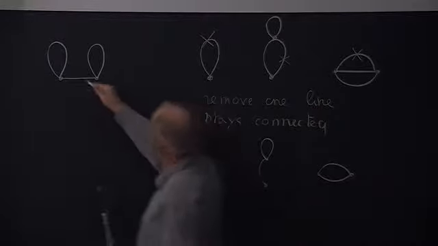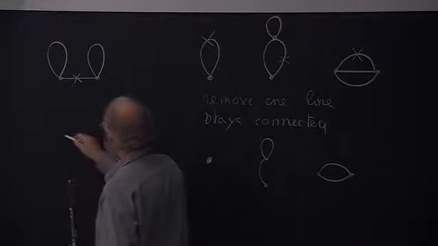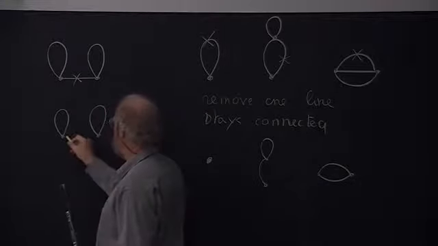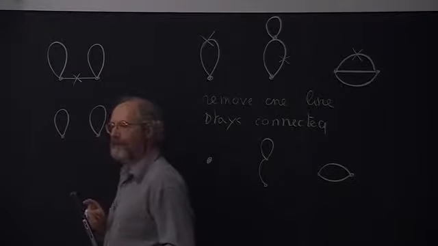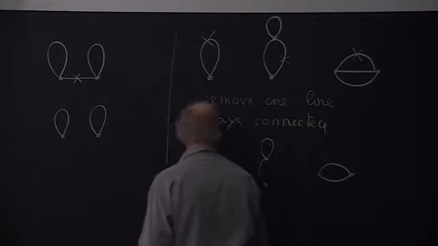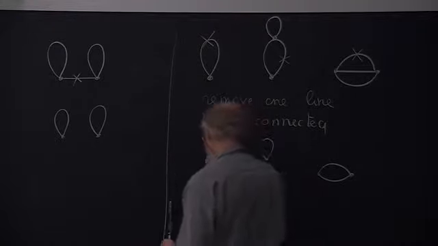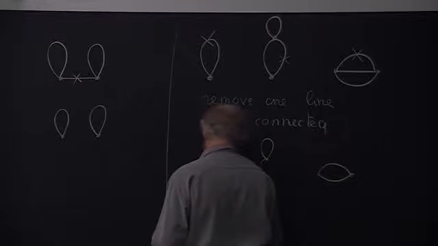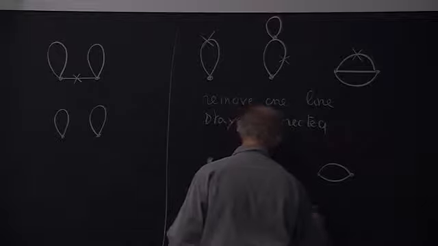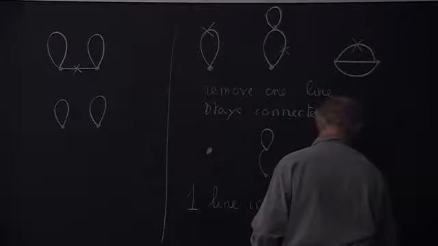While here, if you remove this line, you get this diagram which is disconnected. You cannot join this vertex to this vertex. So this class of diagrams is called one-line irreducible diagrams.